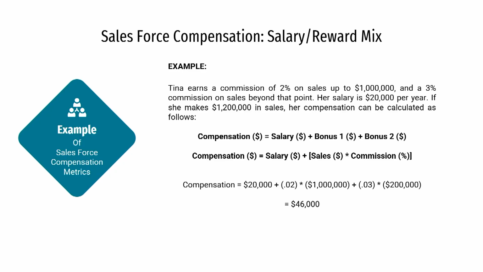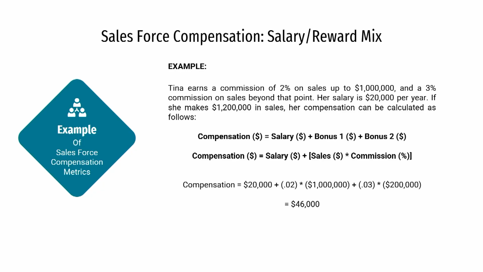Let us have a quick look at an example. Tina earns a commission of 2% on sales up to, let us say, 1 million dollars, and a 3% commission on sales beyond that point. So, anything up to 1 million, she earns a commission of 2%.